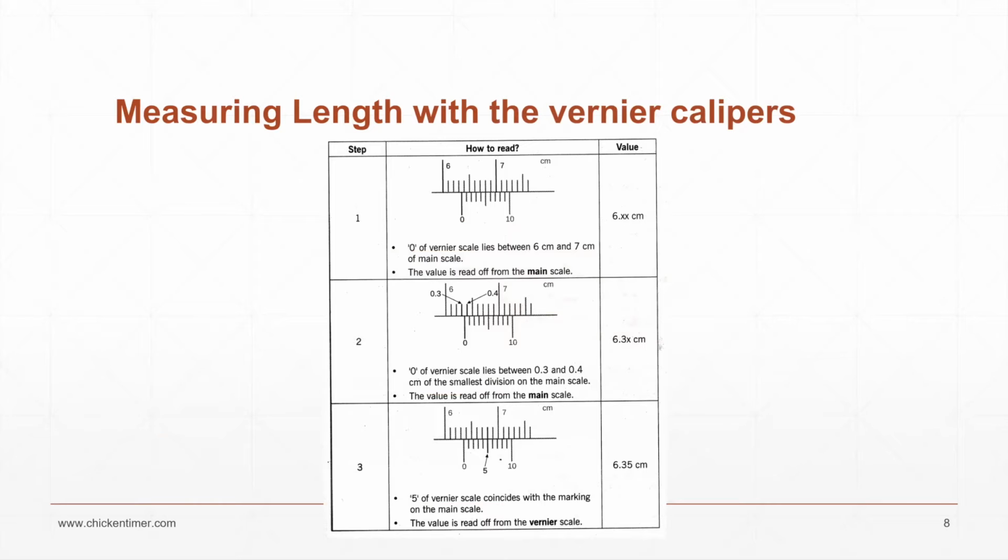Okay. So there are 3 steps to this. You will see the scale appear on your vernier calipers. So there is a main scale and then there is the vernier scale. So this is the main scale, and this part from 0 to 10, this is the vernier scale. So what you do is you go to the 0 and read the point before it.